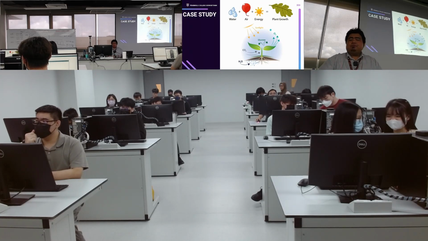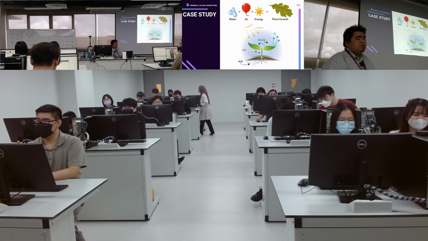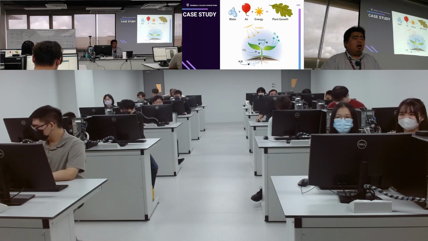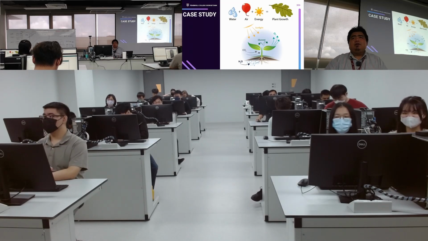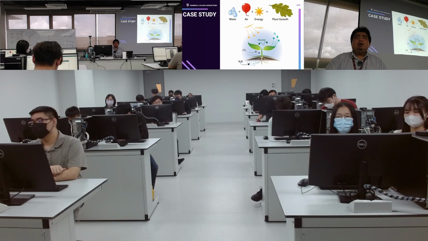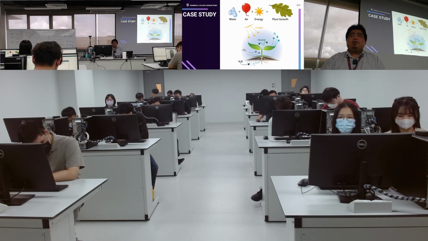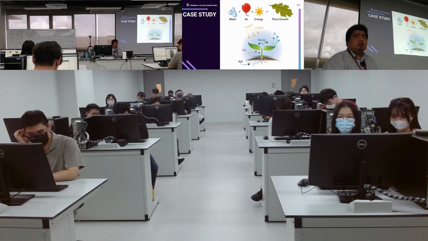Alright, okay, done. So, we can measure the sunlight and also H2O, right? Other than that, we need to find a different sensor. For example, let's say that you want to measure the pH level of the water, we need to have a pH sensor.